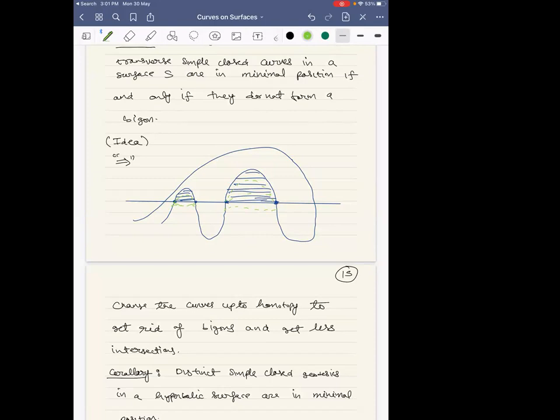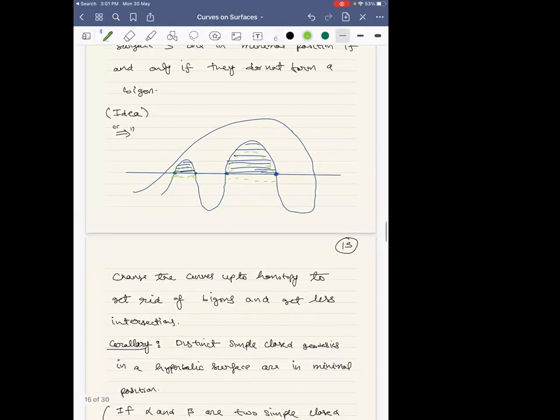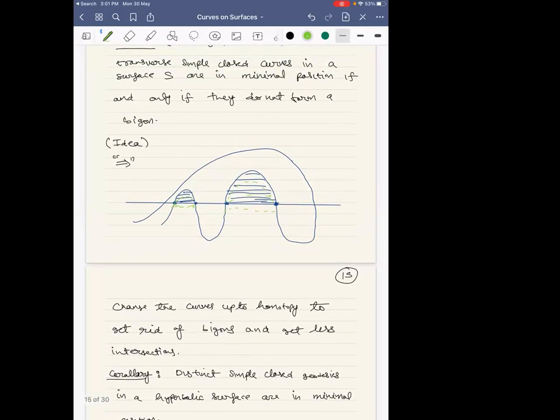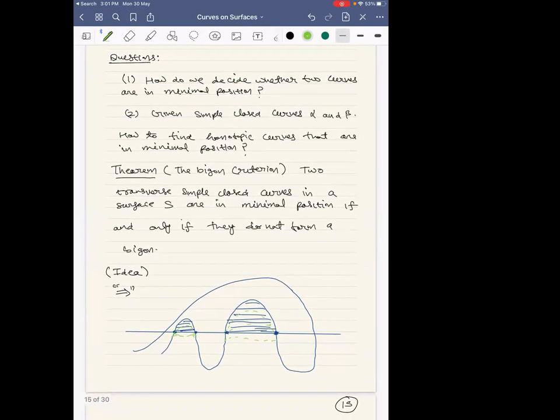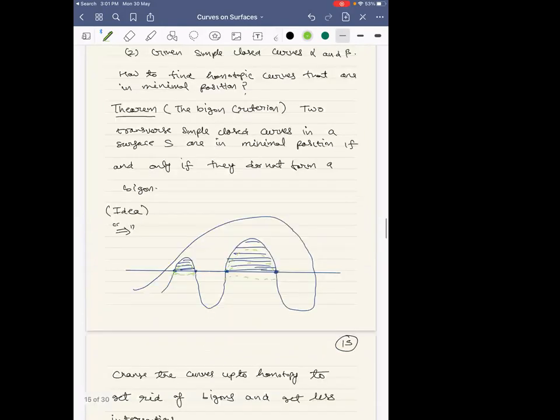And if at all there are bigons, you can get rid of each bigon one by one, and you can answer question 2: you will get curves which are freely homotopic to the given curves and are in minimal position.